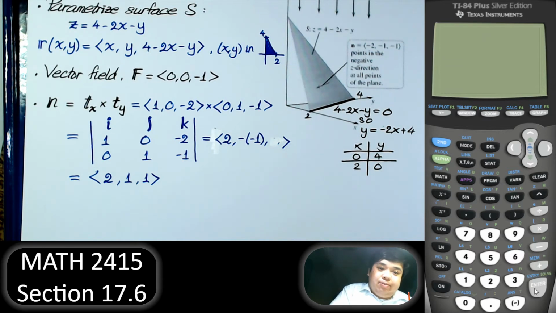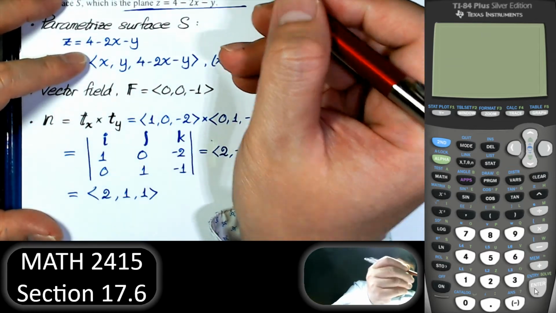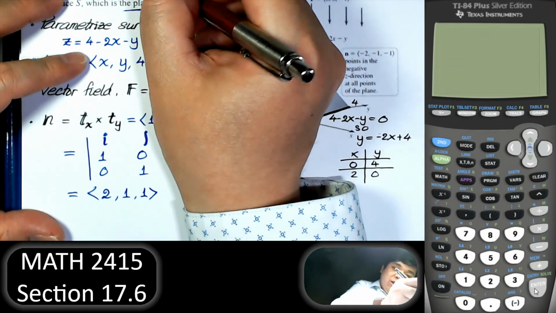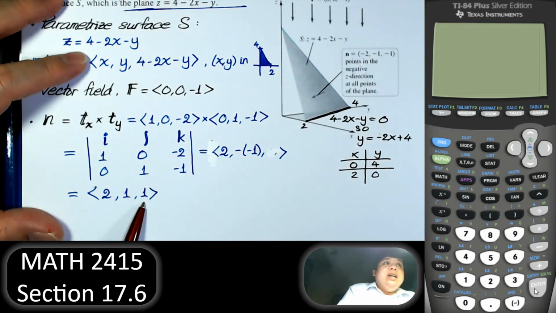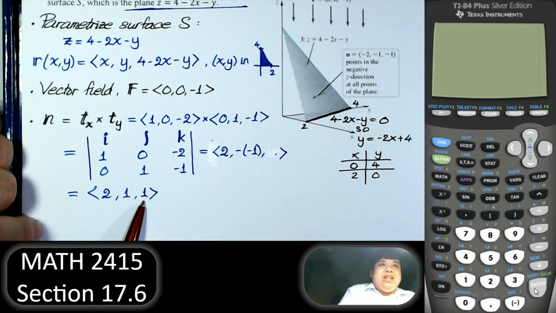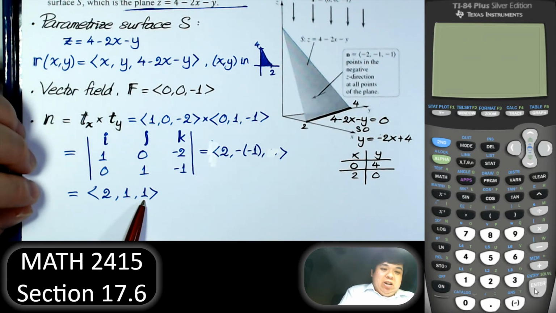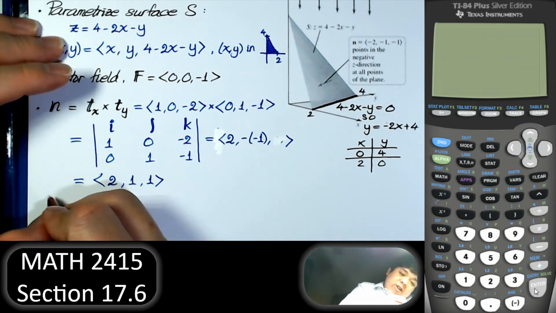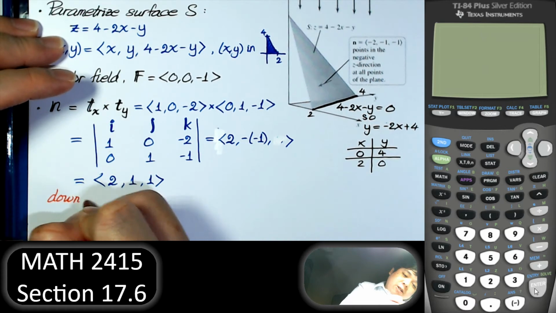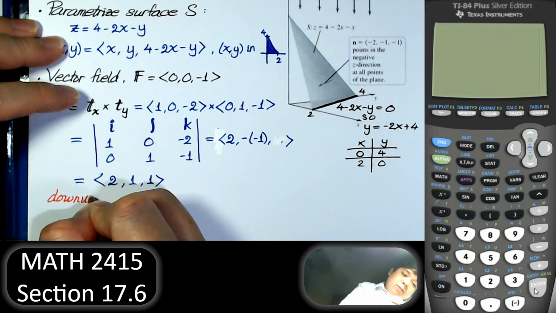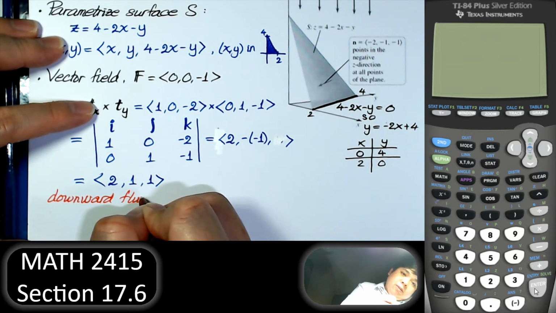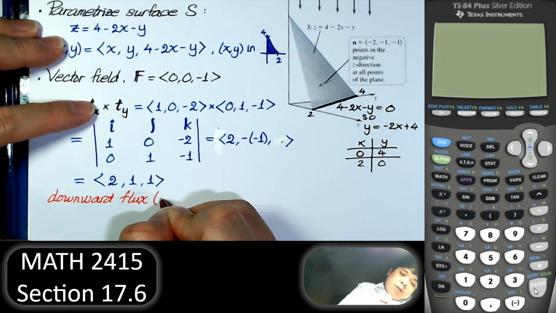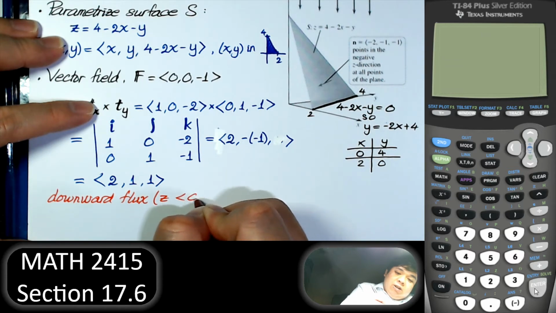But there's a big important thing here. Find the flux in the downward direction. This is -z. Here we have a positive z, so it's not right. Remember, this is the downward flux, with z less than 0.